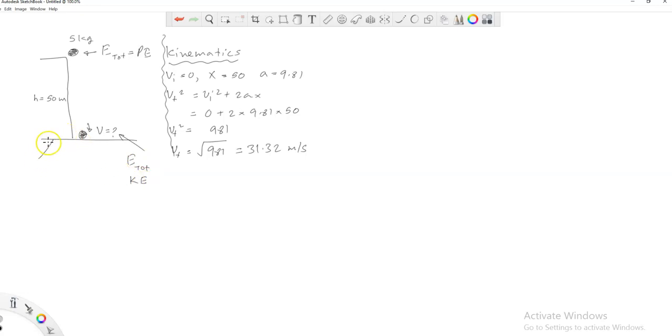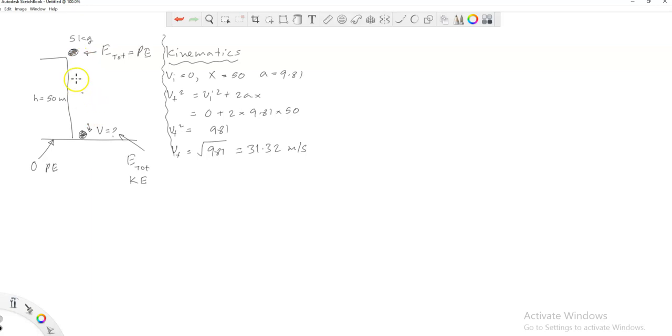Here we have to take the ground level, the Earth's surface level, as the 0 potential energy level. That's the best way to do it. Over here, potential energy is 0, so the total energy is going to be all kinetic. On the way down, when you release it, all that potential is going to convert into kinetic gradually.